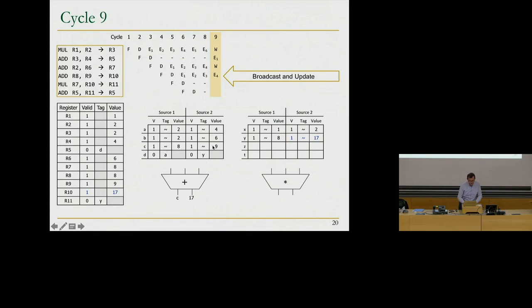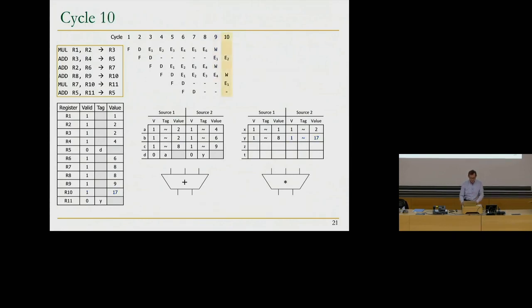It was this instruction over here. It basically broadcasts tag C, and tag C gets broadcast everywhere, and everybody who's waiting for tag C captures the value. So this value should change to 17, and this value should also change to 17 because 8 plus 9 is 17, right? Okay, so that happens. And now in the next cycle, this instruction can start executing, right?